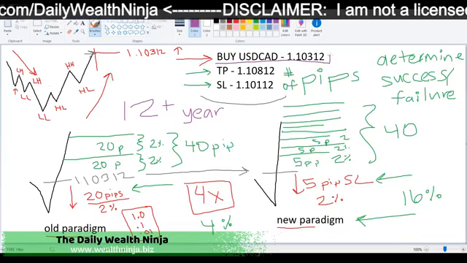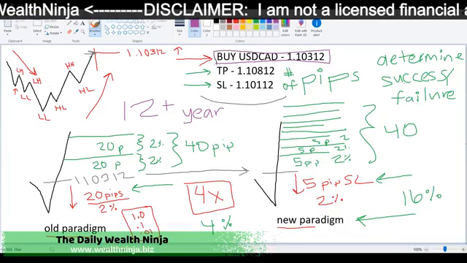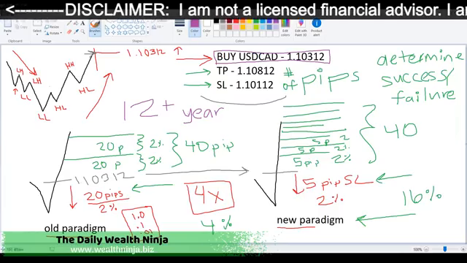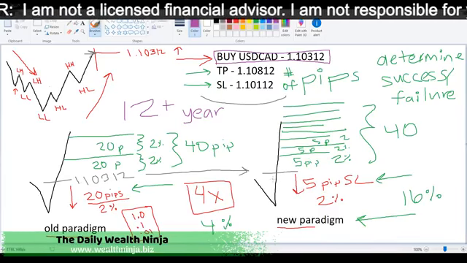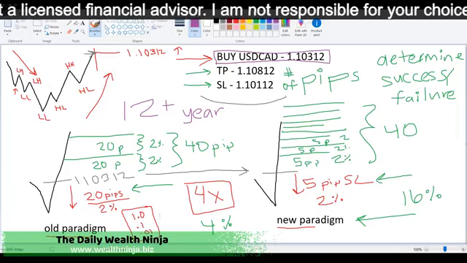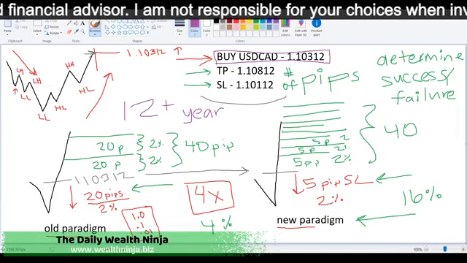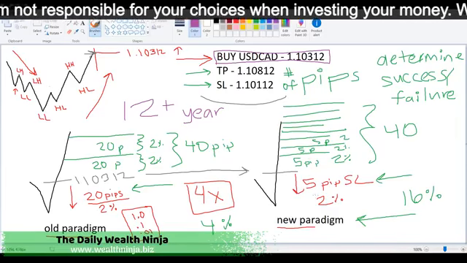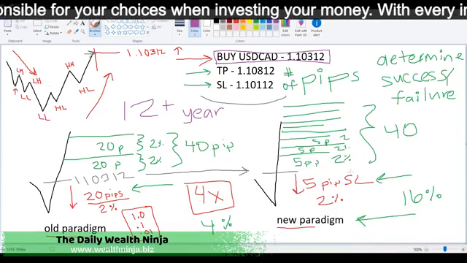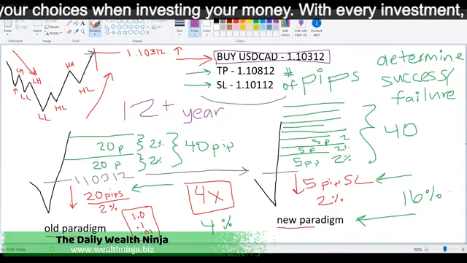So with the same trade, starting at that price for this particular currency pair, if you understand how it works and you understand how to get this, you can make 2 times more, 4 times more. It all depends on how you've positioned yourself in your trade and if you understand risk management.